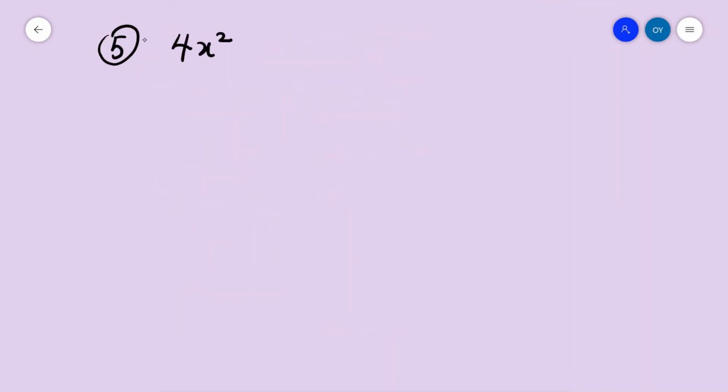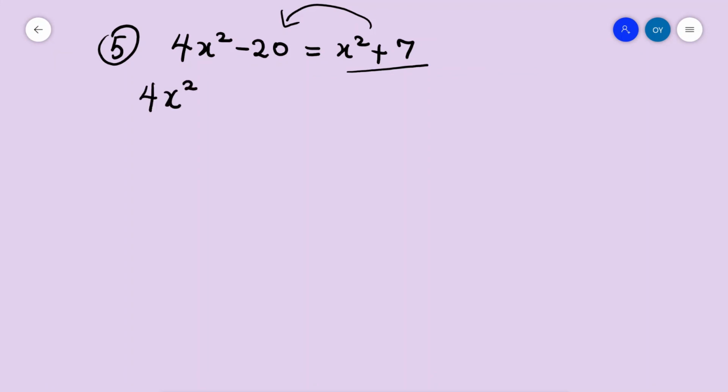4x squared minus 20 equals x squared plus 7. Now we need to bring this to the other side of the equation. We have 4x squared minus 20 minus x squared minus 7 equals 0.